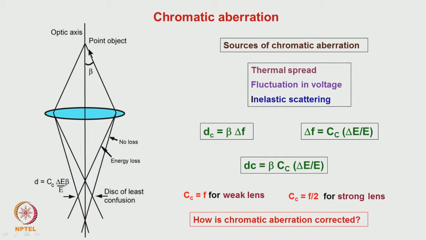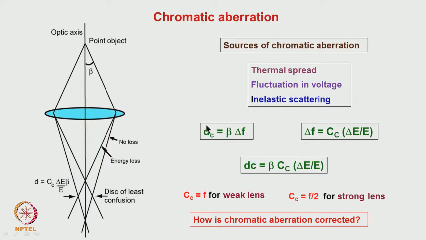So, here also what we can make out is that since the phase shift is going to be different for the rays which are having different wavelength, we will find that depending upon that energy, either they can be focused at this particular point or they can be focused at this particular point, and this finally gives rise to, as in the case of a spherical aberration, the disk of least confusion.